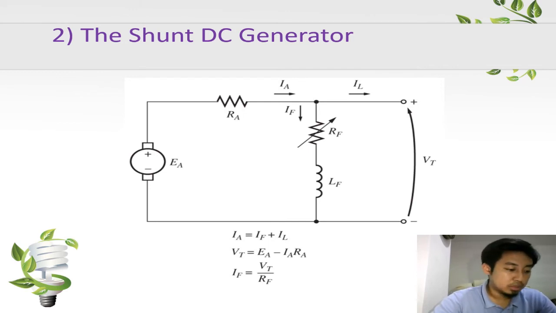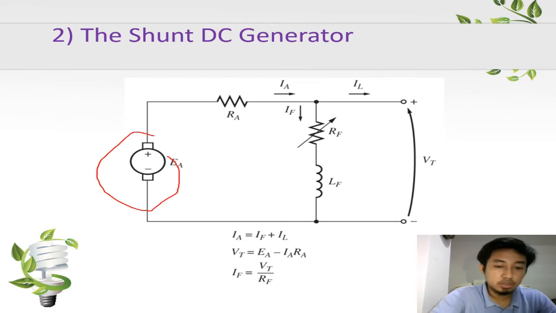So how do they build up the power to generate itself? The voltage build up in the generator depends on the presence of residual flux in the poles of the generator. When the generator starts to turn, the internal voltage will be generated.